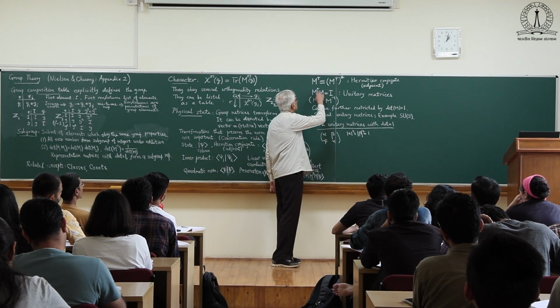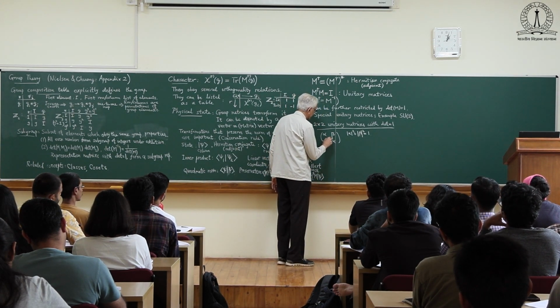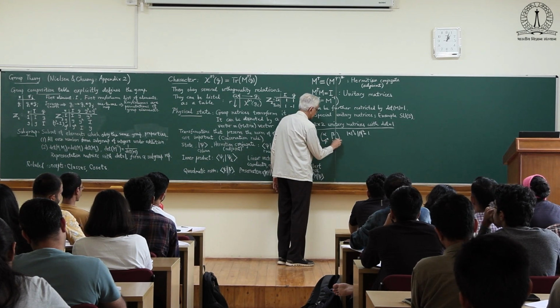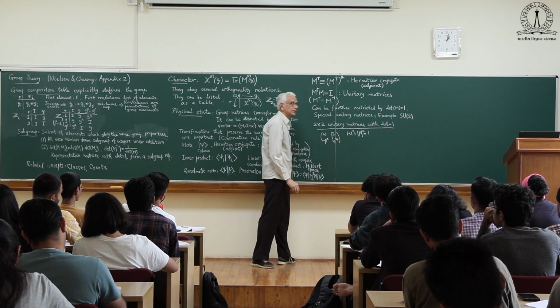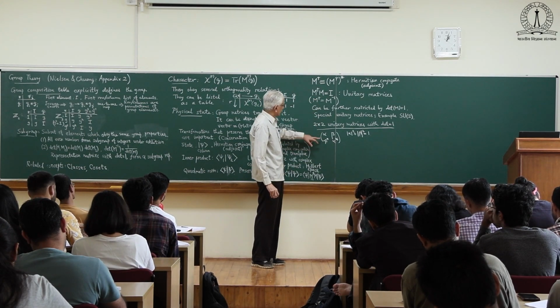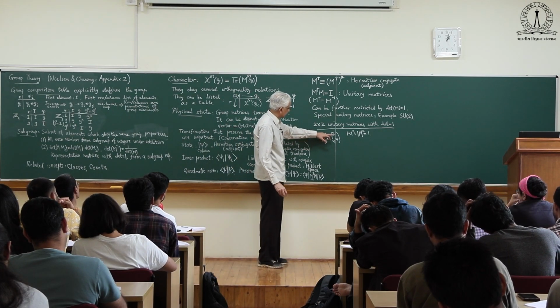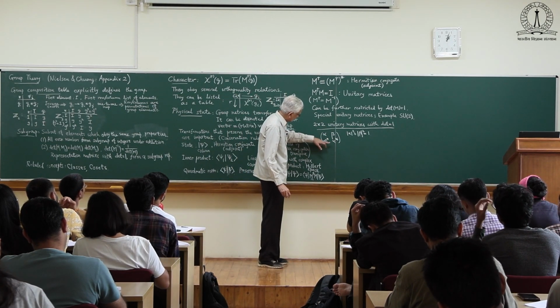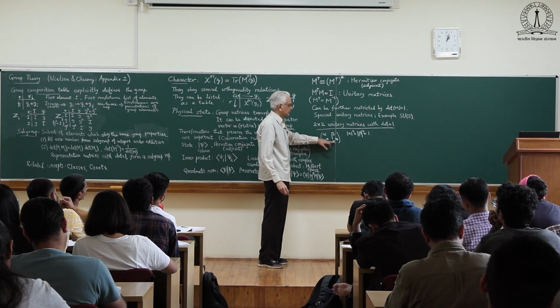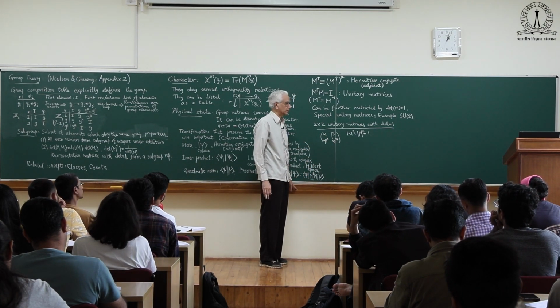But I am doing this in a complex space, so these numbers are actually complex conjugates. So when I take this dot product, I have to take one row and the complex conjugate of the second row and multiply them, then the whole thing will become 0.